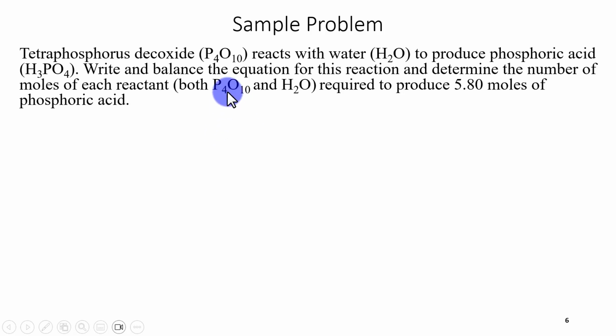You're going to have to do the calculations twice. So use 5.8 moles of phosphoric acid to calculate how much tetraphosphorus decoxide you need to start with, and use the same amount of phosphoric acid to calculate how many moles of H2O you're going to need.